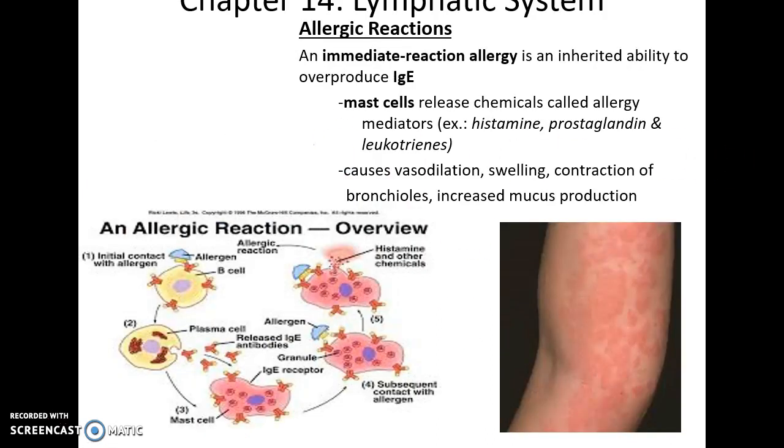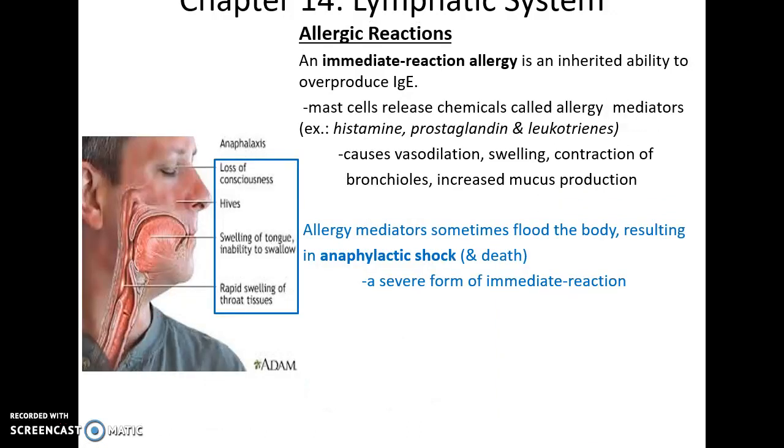The immediate reaction allergy is usually inherited and leads to an overproduction of IgE against that allergen, which then stimulates mast cells. Mast cells then release chemicals that stimulate the allergic response, leading to vasodilation, redness, and swelling, leads to contraction of bronchioles, so it's a little hard to breathe, excess mucus production, pretty much all the things that people have to suffer if they have allergies.